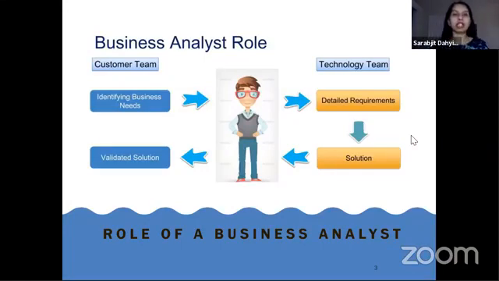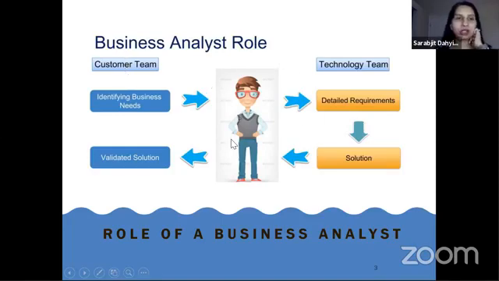This is my favorite diagram that explains the role of a business analyst. I took this from somewhere on the internet. The reason I like it is because it shows how business analysts are really the middlemen in any organization, in between the business teams and the IT teams.